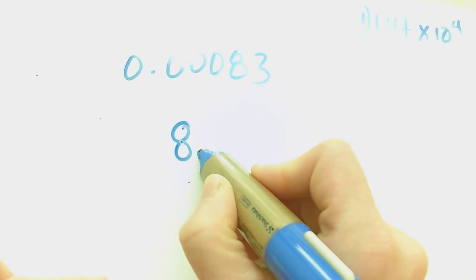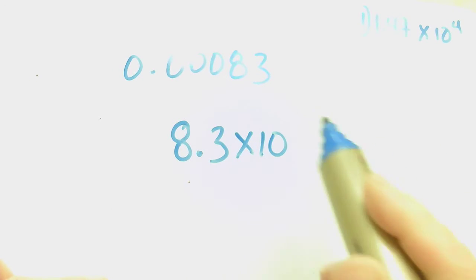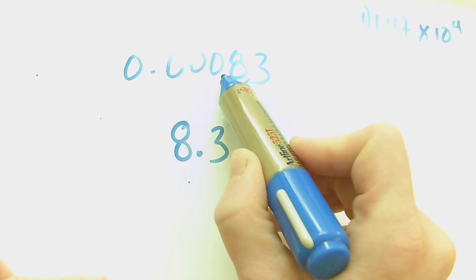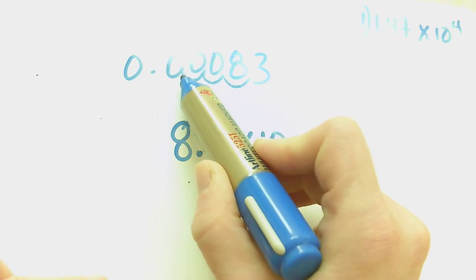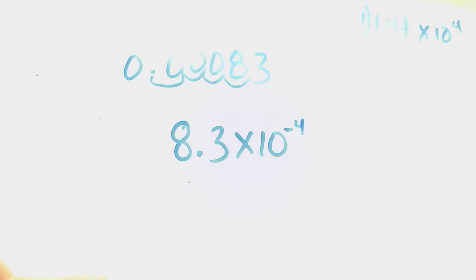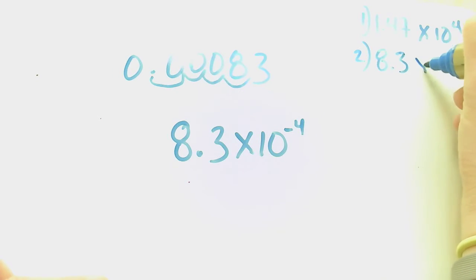So I'm going to make that 8.3 times 10. And to get from 8.3 back out to this, we would have to divide by 10 1, 2, 3, 4 times. So it would be times 10 to the negative 4th power. Don't forget that negative sign. So number 2 is 8.3 times 10 to the negative 4th power.